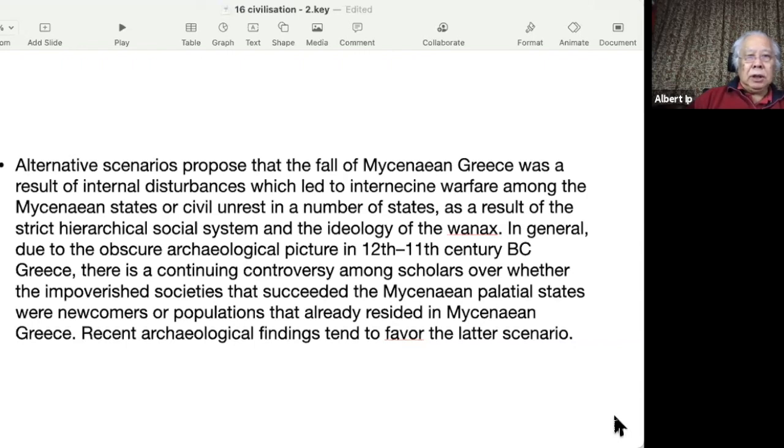In general, given the archaeological picture, there is a continuing controversy among scholars over whether the improvised societies that succeeded the palace state were newcomers or a population which was already there but changed their daily lives in order to adapt to the new situation. I tend to prefer the latter scenario.